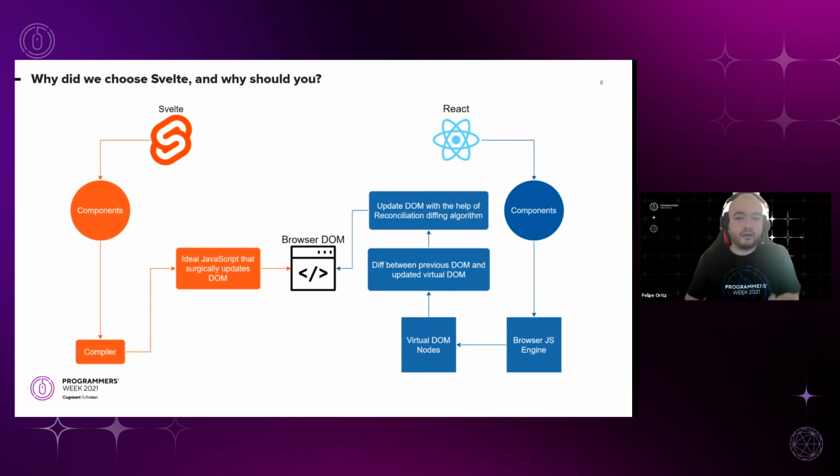Svelte World, on the other hand, doesn't use any virtual or shadow DOM as any of the other popular libraries or frameworks. It uses a compiler to ship a pure vanilla JavaScript file, and Svelte interacts with the plain old regular DOM to update its values on the browser.